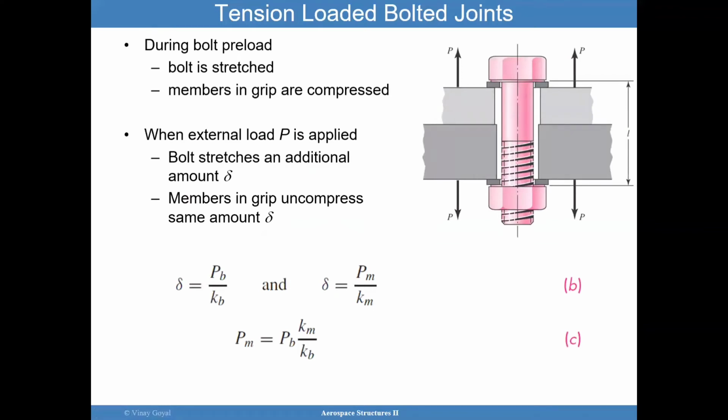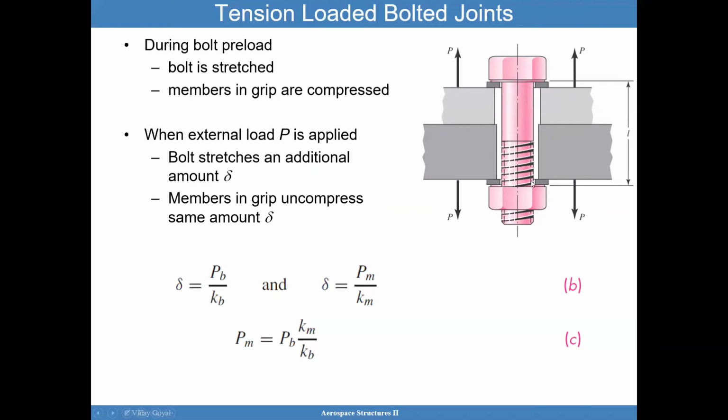During the bolt preload, the bolt is stretched and the members are compressed. So we can use this formula. If I know Km and Kb, the member stiffness and the bolt stiffness, I can tell you how much of that external load went into the member and into the bolt. So this information is very important.